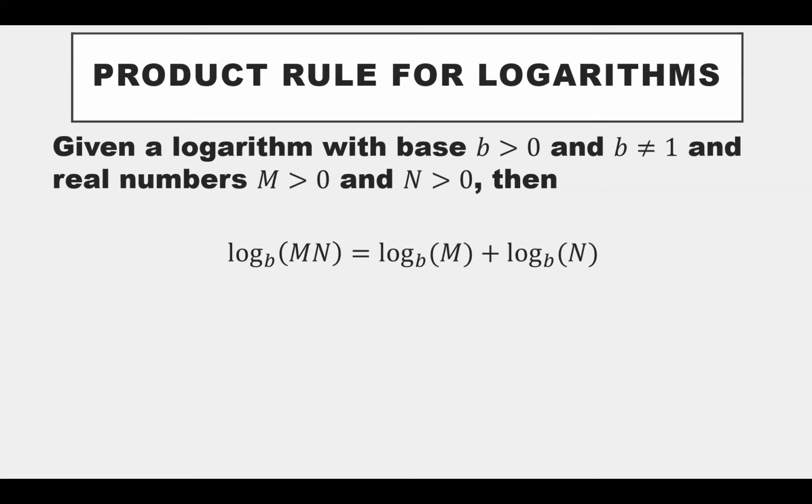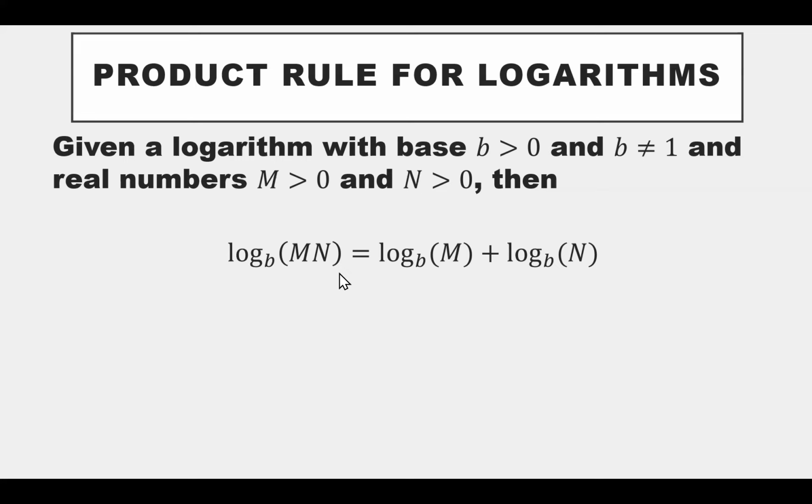The reason it doesn't work the way people expect it to is because this actually comes from rules of exponents. I'll show you where this product rule comes from, and then hopefully it'll make sense.